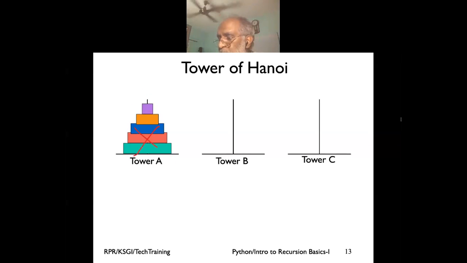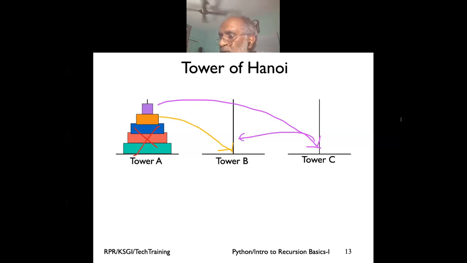You would move the purple one first to B. I need to move both of them to tower B. So what I'll do is I'll move this purple color disk to tower C. Then I move this yellow color disk to tower B. And then I move this purple color disk on top of it. So this is my yellow disk, and this is my purple disk, and this comes here.